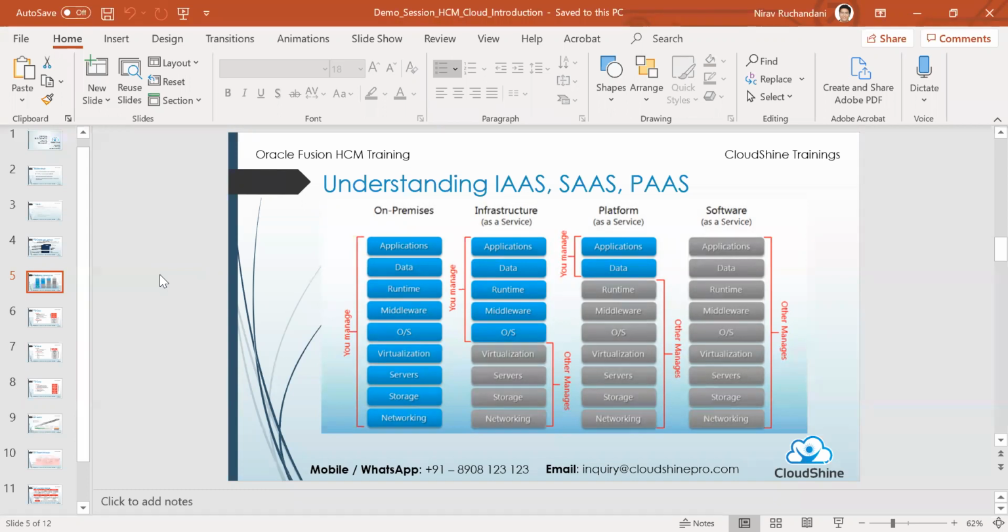With regards to infrastructure as a service, the ones that are highlighted in blue: the application, the data, runtime, middleware, and the operating system related stuff is managed by you as the company that is implementing, or by the client, so to say.